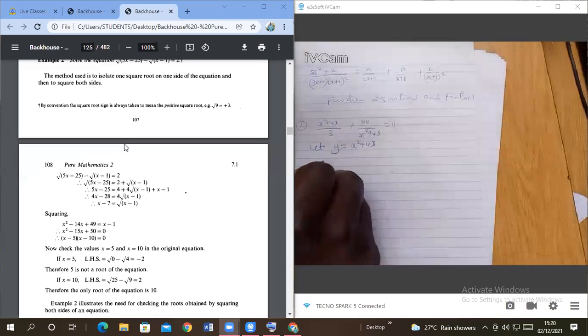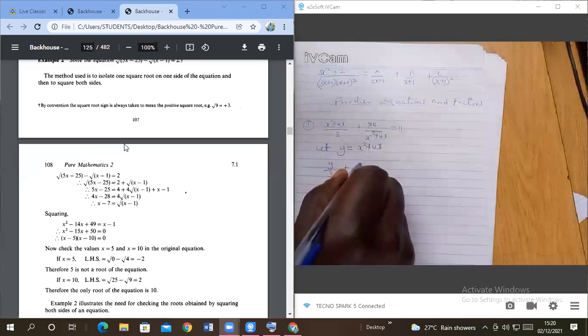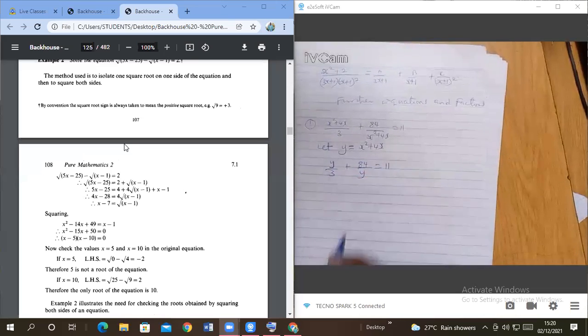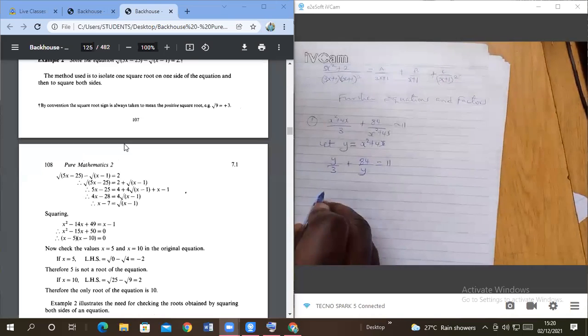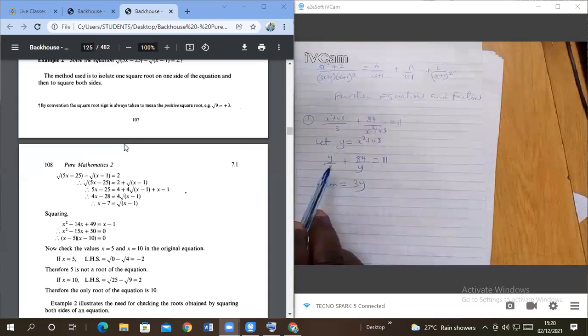So that we have y over 3, because I've made y to be that expression, plus 84 over y should give us 11. Then you multiply all through by the LCM. The LCM is 3y. You simply multiply the two denominators to get the LCM.